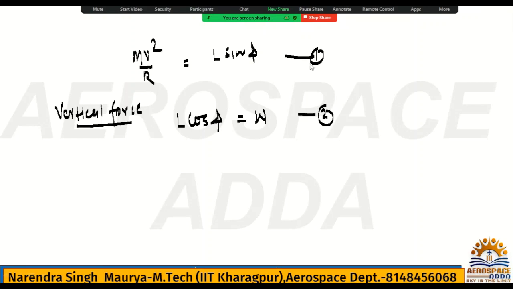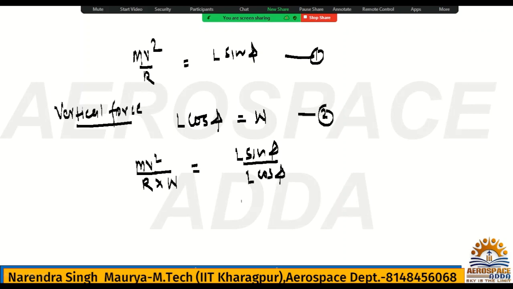Now we have to use these two equations, simplify, and we'll get R. What is that value? Check. Can I write mv square by R, W is equal to L sin phi by L cos phi?